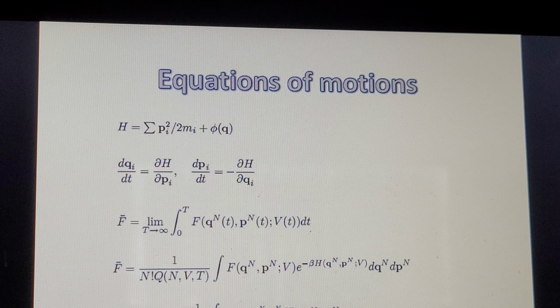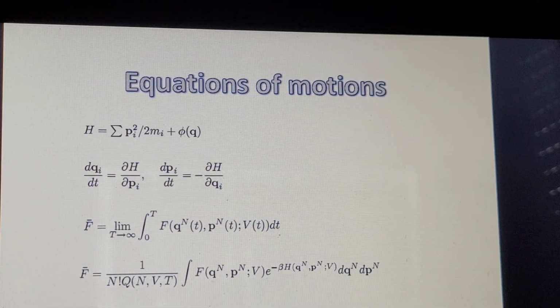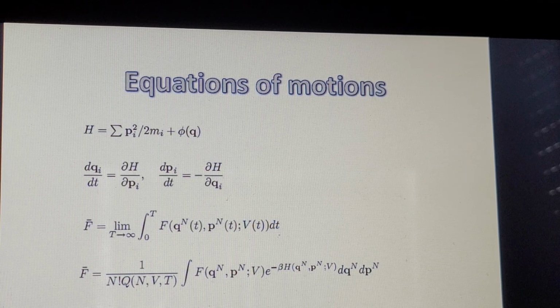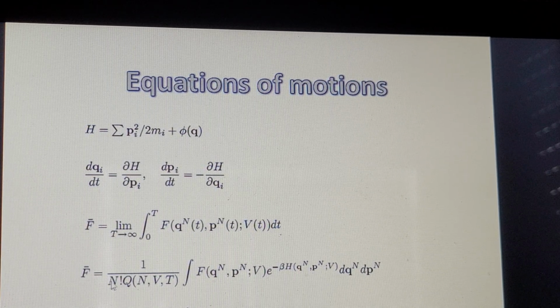Just by doing a little bit of mathematics and using the partition function, you can see that the force in your system can be defined like this. And N is the number of molecules or atoms that you are dealing with.